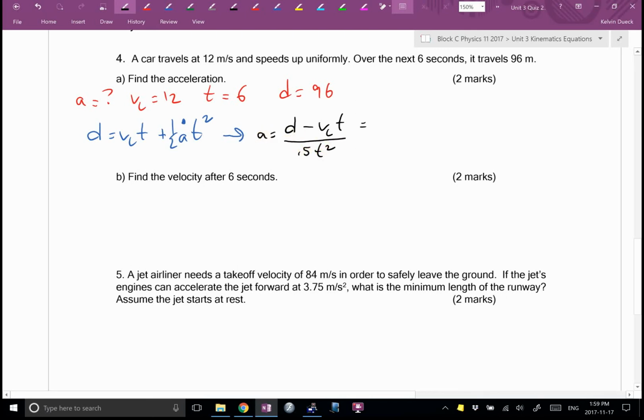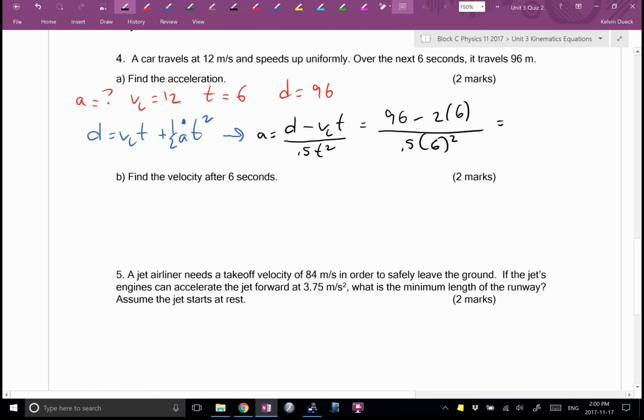In this situation, I found it easier to replace the 1/2 with a 0.5 so that I didn't end up with a fraction inside of a fraction yuckiness. It's going to end up being 96 minus 12 times 6 divided by 0.5, 6 squared.